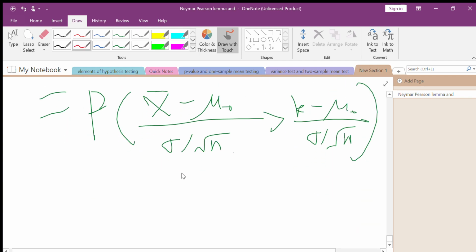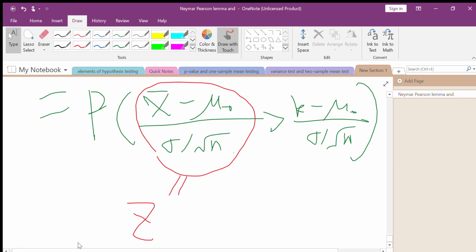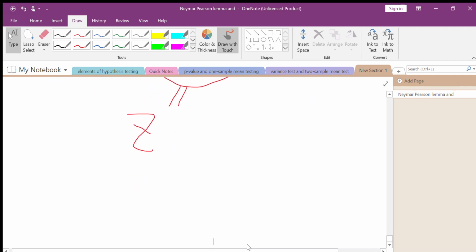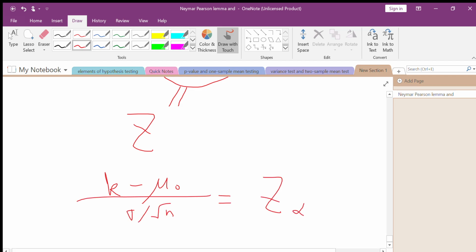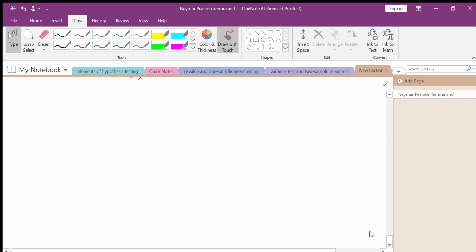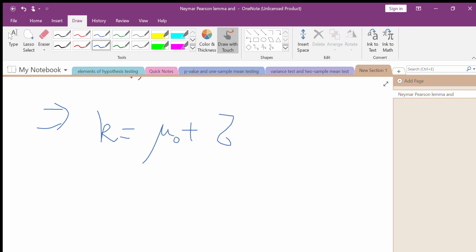This is z, standard normal, which means we can find z, which means k minus mu 0 divided by sigma divided by square root of n equals z alpha. And then we conclude that k equals mu 0 plus z alpha sigma divided by square root of n.